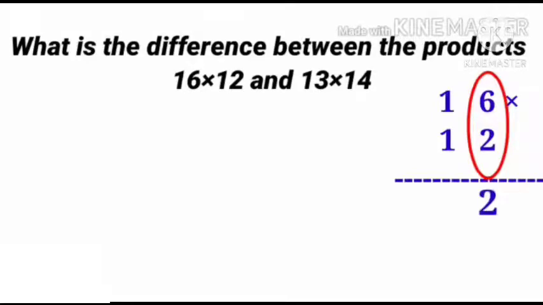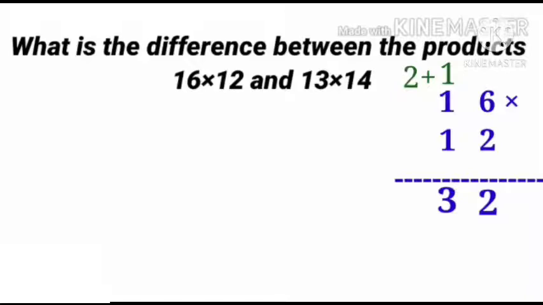Write 2 in the ones place and put the remaining 1 above the tens place. Then again multiply 2 with the tens place, that is 2 into 1, 2. Then add 2 with this 1. 2 plus 1, 3. Write 3 in the tens place.